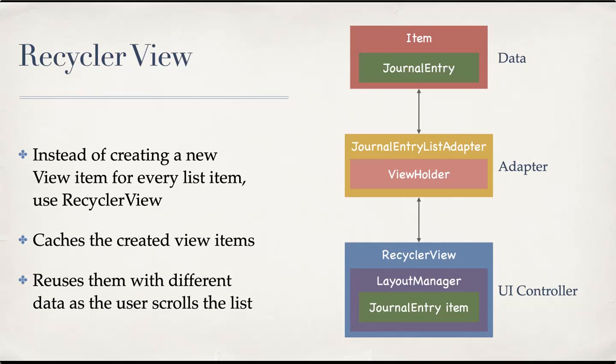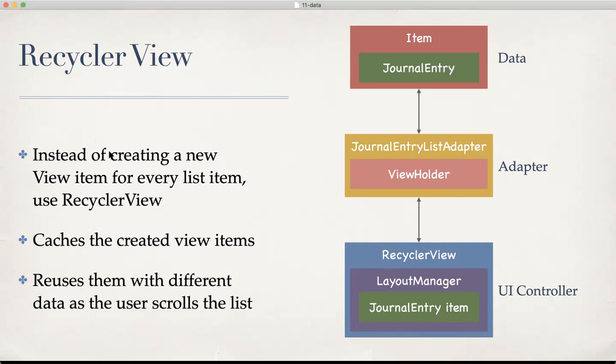Like the list of messages in your WhatsApp or any other messaging app, a list of say recipes on your recipes app, for example, or if you have a bunch of world clock times in the clock app, New York, London, Delhi, etc., all of those are similar, but they are different. They have different data, but they have the same structure.